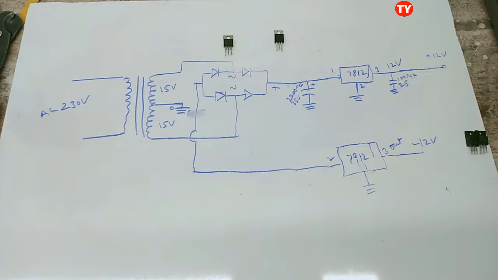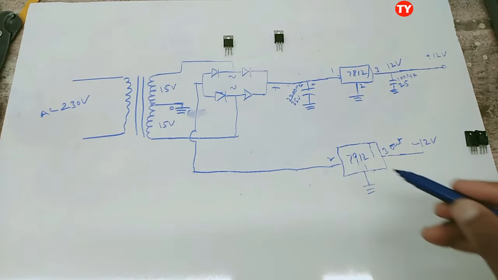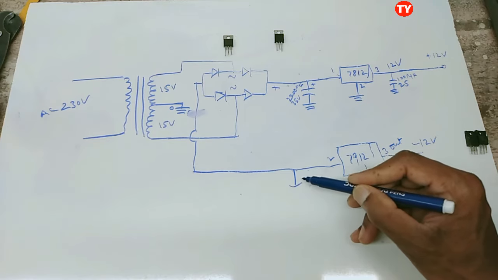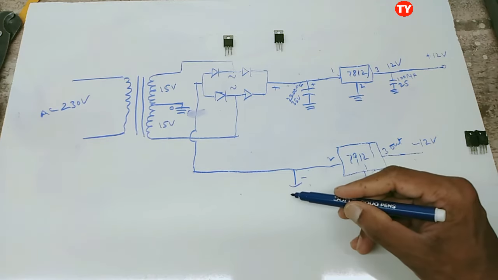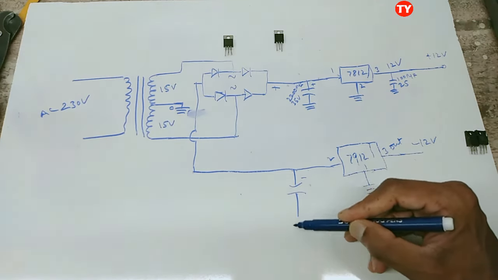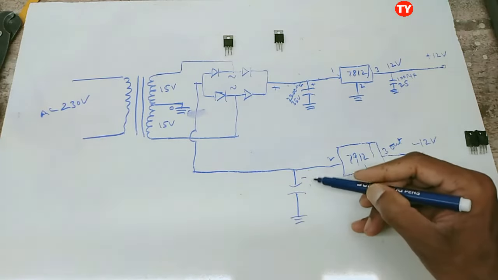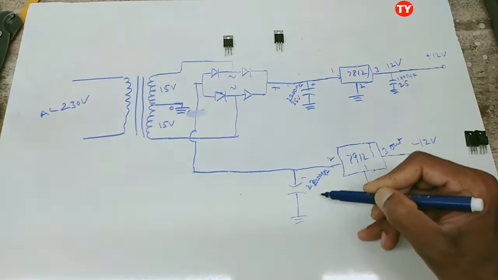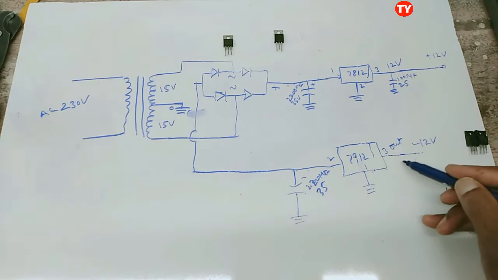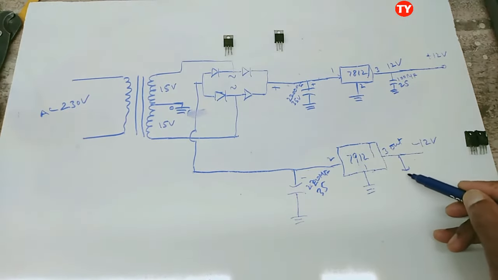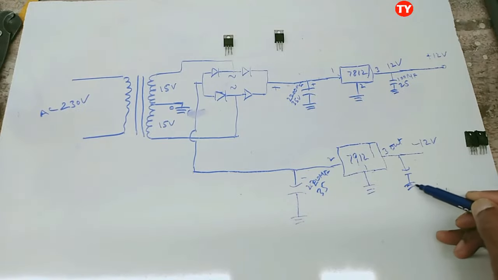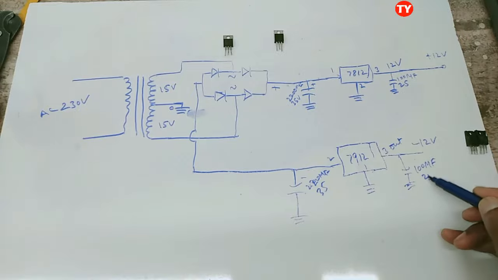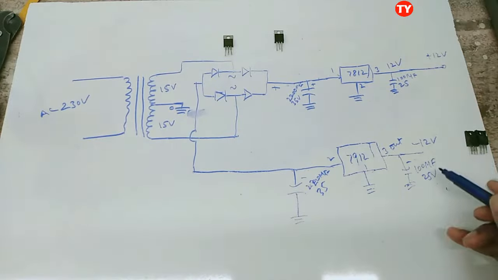And here also minus 2200 mF 35 volt, and here 100 mF 25 volt minus.